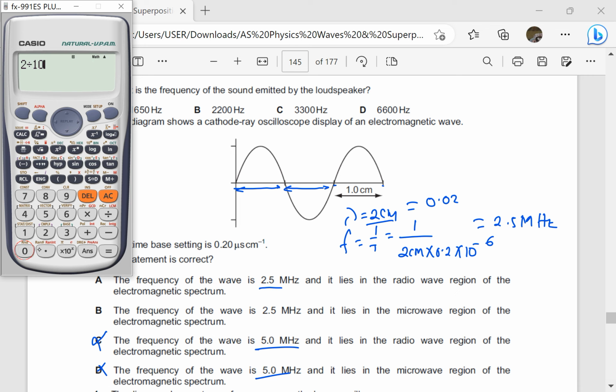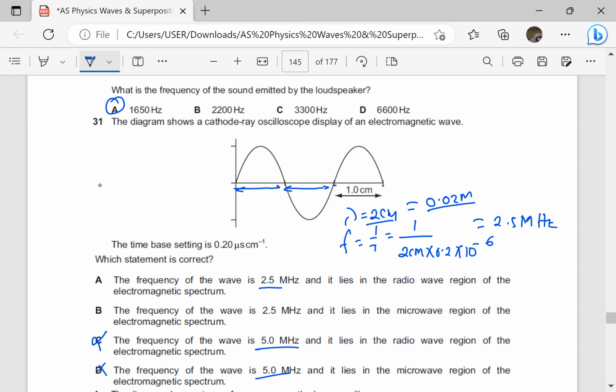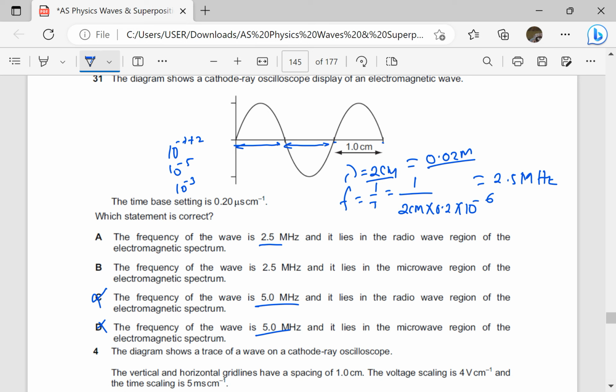It is going to be either radio waves or microwaves, but most likely radio waves, because for visible it is 10 power negative 7, for infrared we add a 2, it becomes 10 power negative 5. We add a 2, it becomes 10 power negative 3, that is microwaves. So 0.02 meters is more of radio waves than microwaves. So the answer is going to be A.